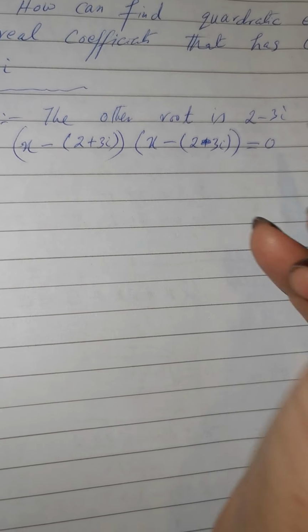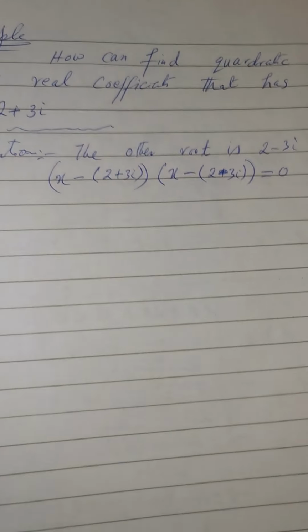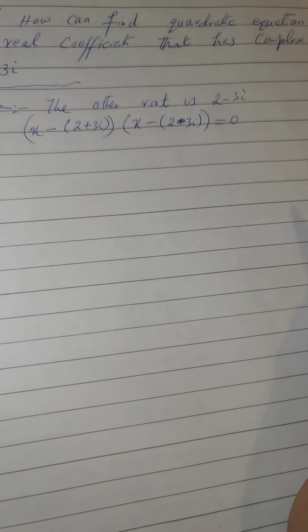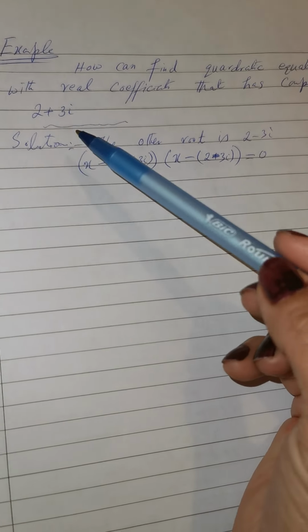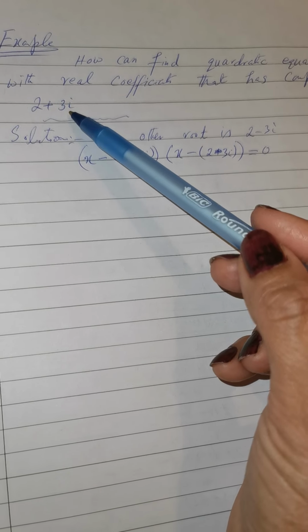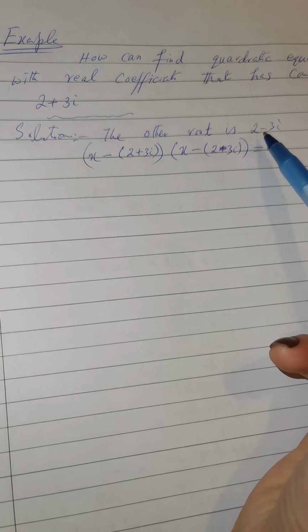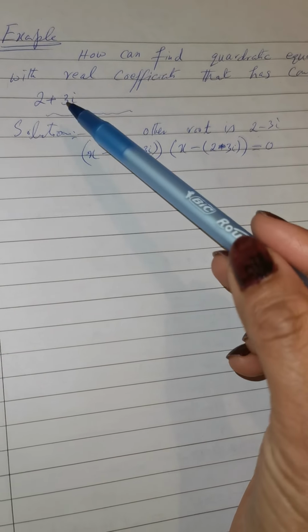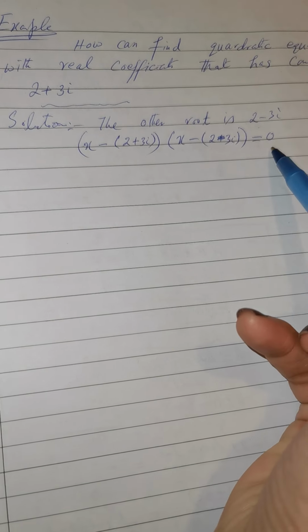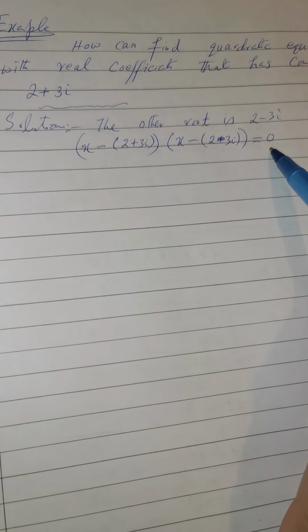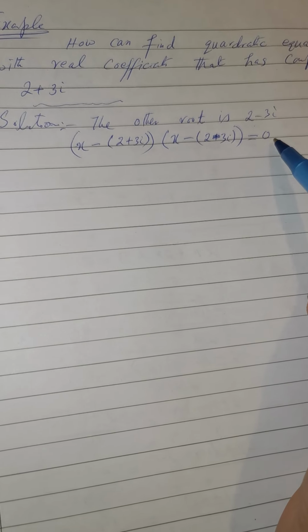Their multiplication is equal to 0 if they are the roots of the quadratic equation, right? Remember, if one root is given, then its conjugate will be the second root. And if these are the roots, then we can write x minus the first root and x minus the second root is equal to 0. This is the rule that we can equate to 0.